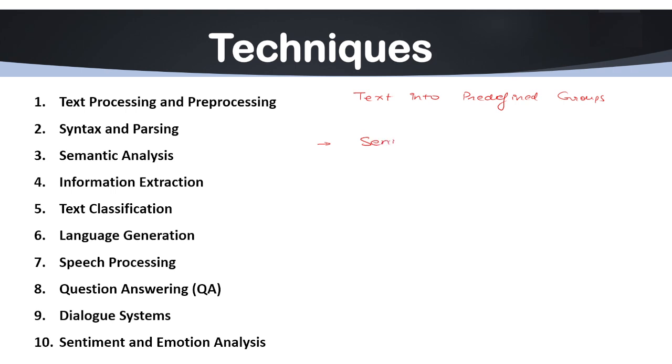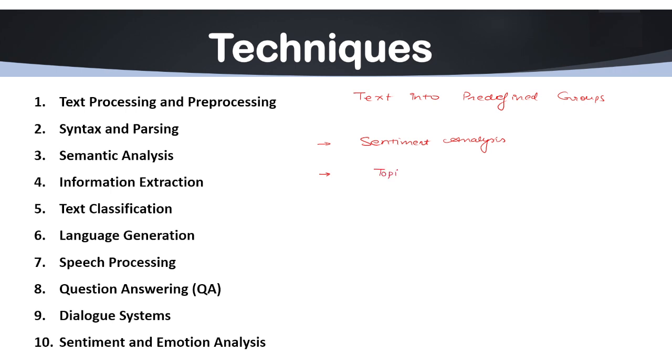The first technique is sentiment analysis. So identifying the emotional tone behind a piece of text, that is positive, negative, neutral, whatever sentiment is included in that particular given text. If you want to analyze that, then definitely sentiment analysis technique will help you.